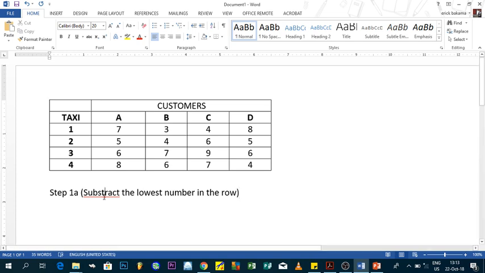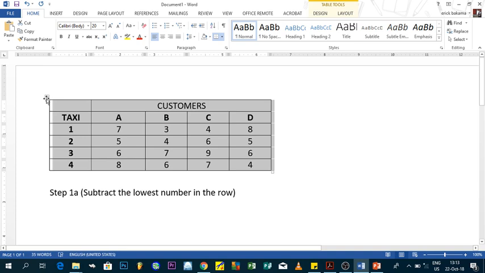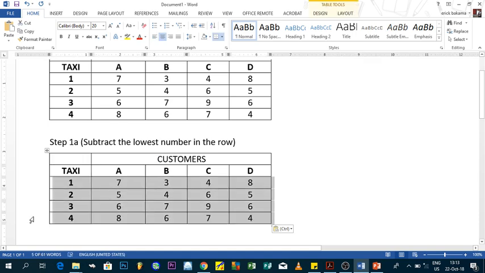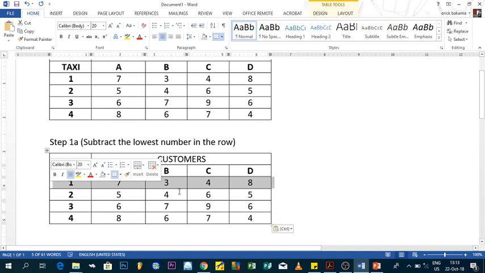We'll do it from the original table that you already have. We copy it and paste it to solve 1a. We look at the rows. These are the rows from 1 to 4. From every row, we look for the smallest number, in this case which is 3. So you subtract 3 from all the values of that row.